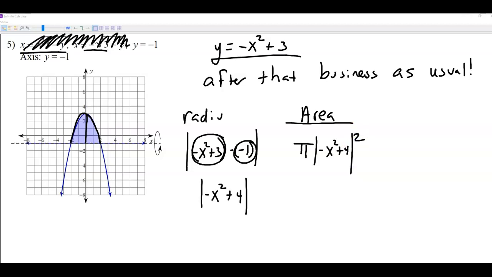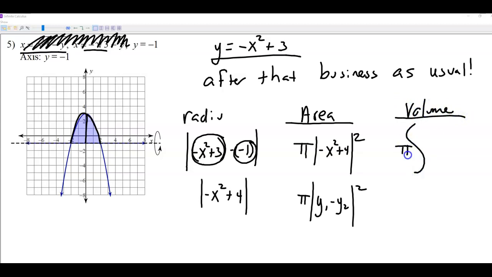And once again, if you're going with the calculator view at this point, you would have that on your calculator. Okay? And then finally for the volume, we're just going to integrate our little area formula with the pi out front.